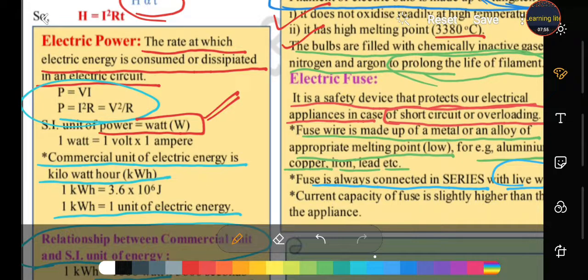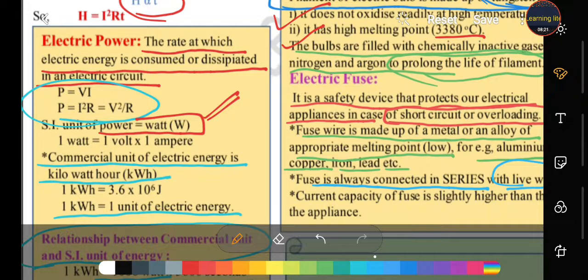It means when there is a case of overloading, when a large amount of current passes through our home circuit, then firstly it has to pass through the fuse, and after the fuse it reaches our electrical appliances. If we connect it in parallel, then due to the overloading, only some of the current passes through the fuse and our appliances get damaged.